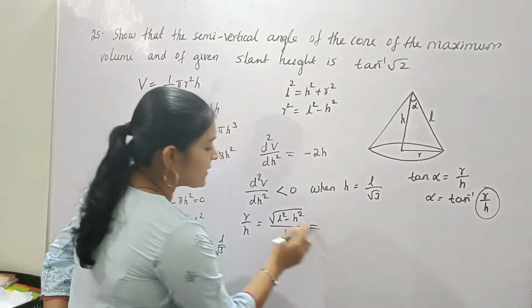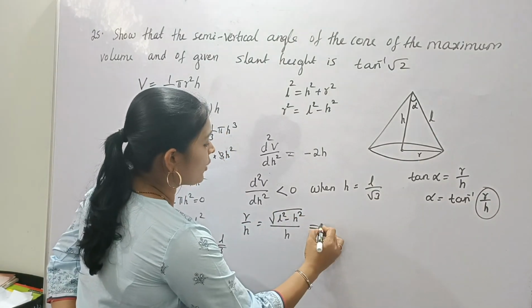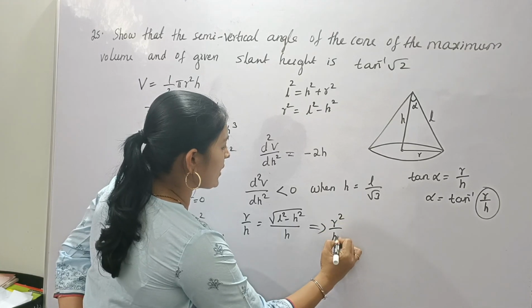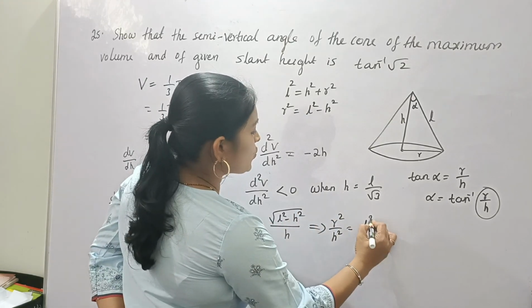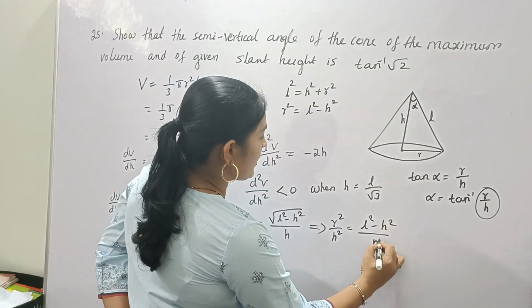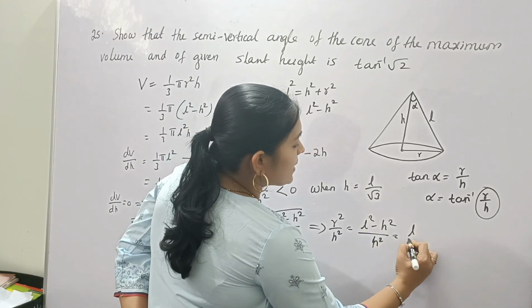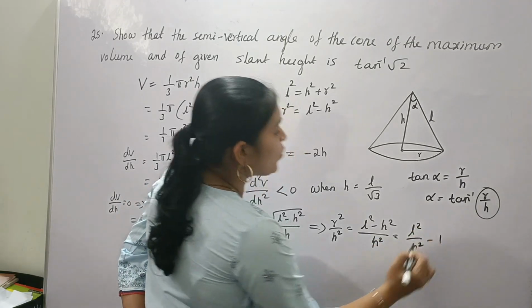Here let's remove this square root. So square on both sides. So r square by h square is equal to L square minus h square divided by h square. That is L square by h square minus 1.